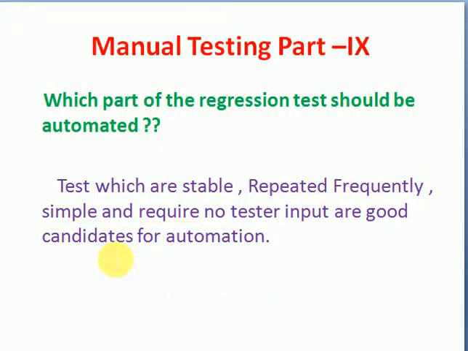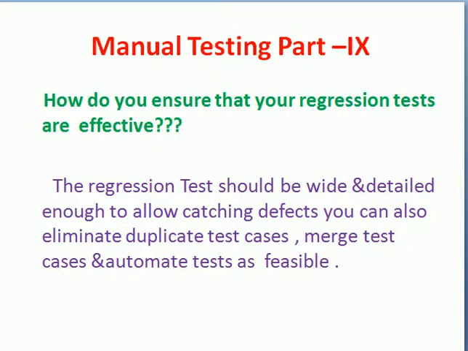How do you ensure that your regression tests are effective? Time is always key in testing. So first of all, the regression test should be wide enough to allow catching defects. If it is a very narrow test which just tests a very small part of the system, it is possible that it will not be able to bring up the regression defects.